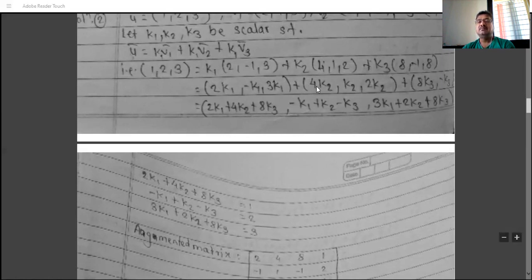So (2k1 plus 4k2 plus 8k3) as the first element, comma, minus k1 plus k2 minus k3 as the second component, comma, 3k1 plus 2k2 plus 8k3 as the third z component. And then compare the LHS and RHS.